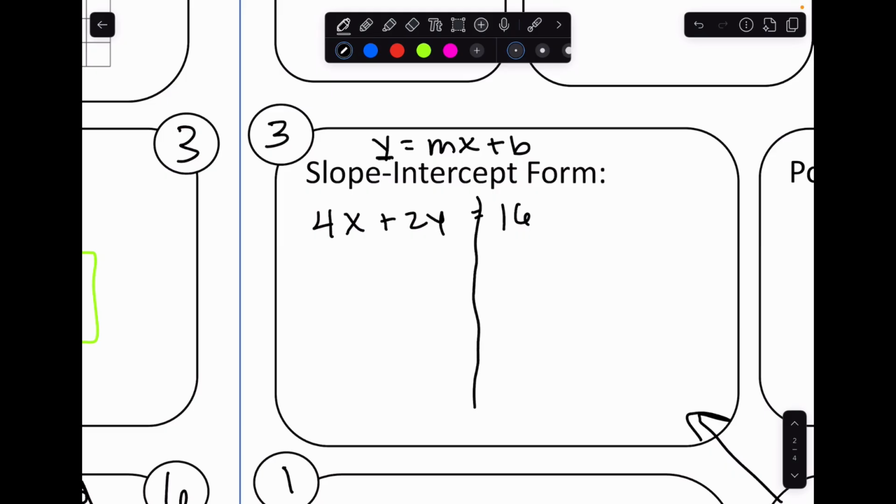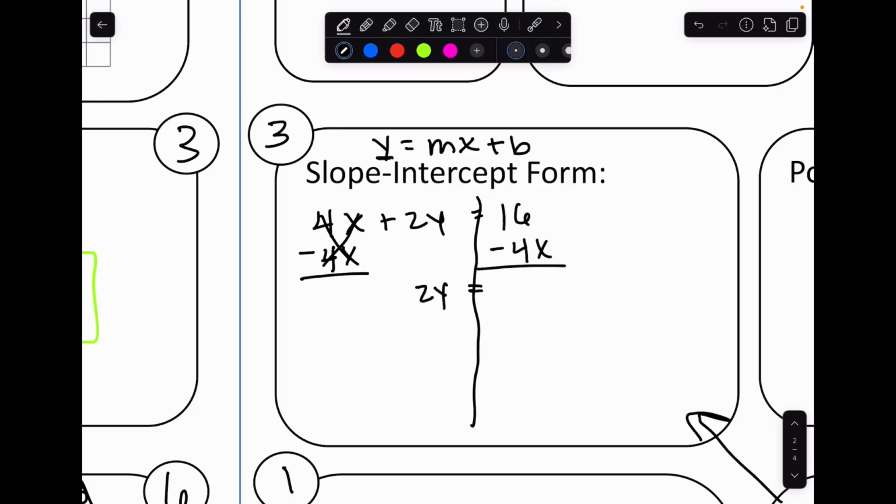Let's solve this for y. So first we have to move the entire term with our x over to the other side. The opposite of positive 4x is negative 4x. What we do to one side, we have to do the other. 4x minus 4x equals 0, so we cancel, leaving us with only 2y left on that side.